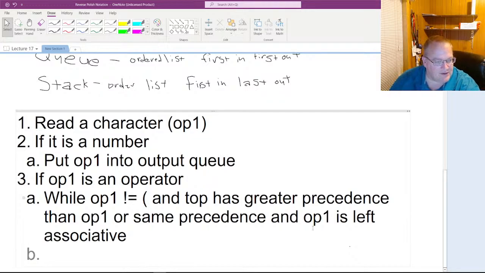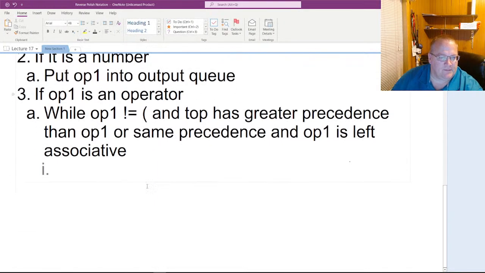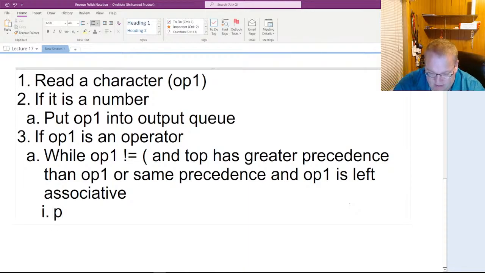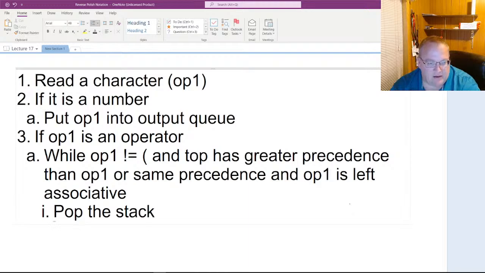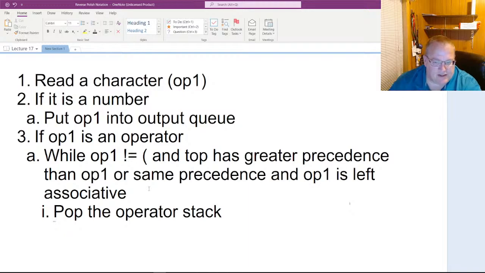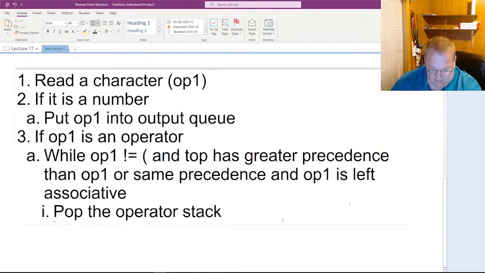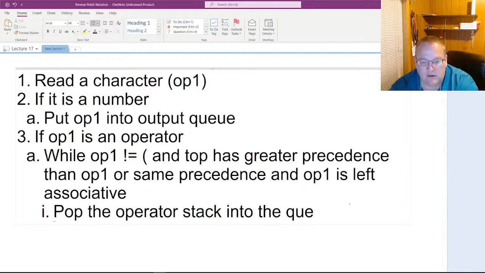Oh wait, what did I do? Here we go. Okay, I want this to be indented a level, and so this says pop the operator stack into the output queue.